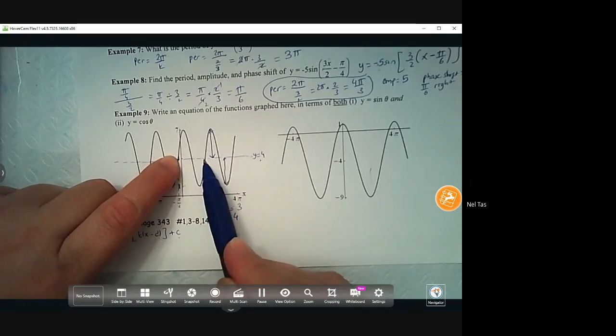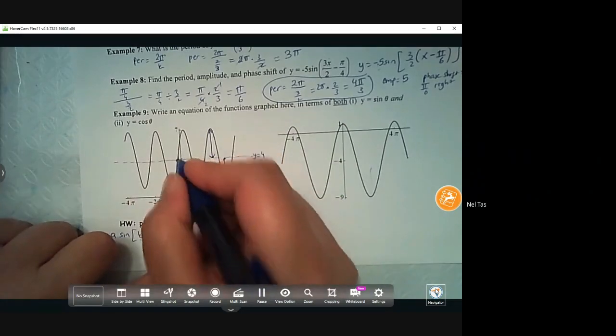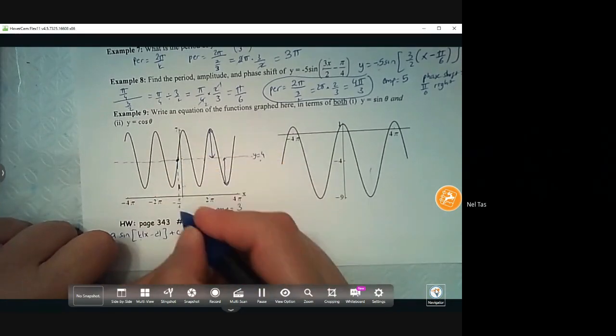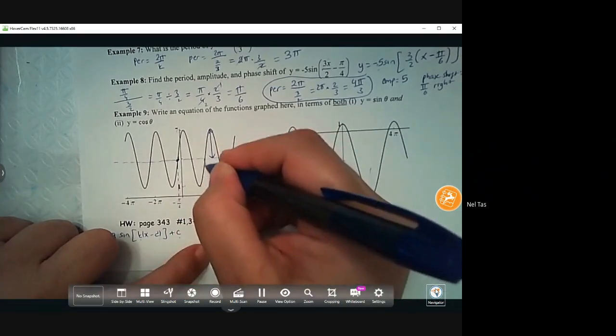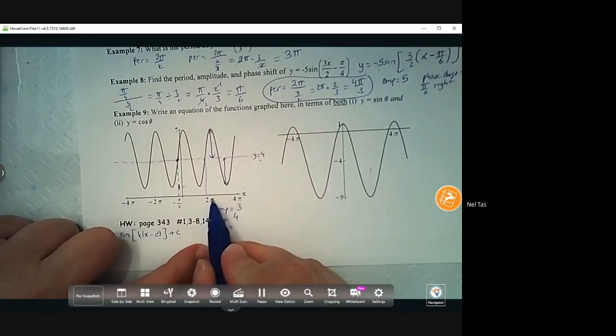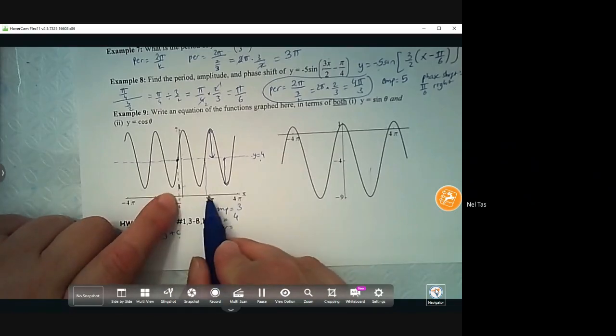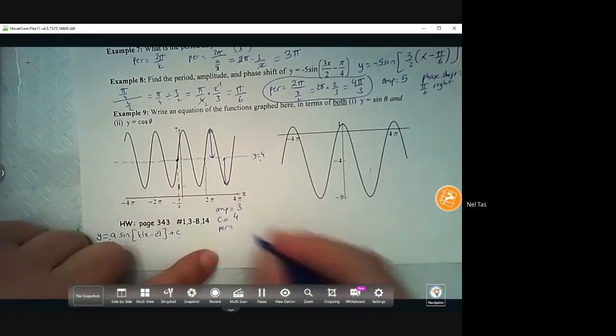So that would be one period here. If you start from 0, it looks like the start point is negative pi over 4, and the end point, it's not that clear, but you can see that it is close to 2 pi. So period is 2 pi.